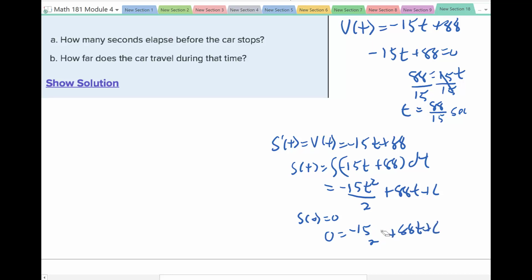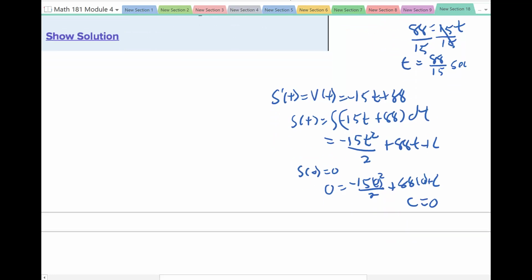And I keep forgetting, I've got to make those t's 0: 15 times 0 squared, 88 times 0, plus c. So c must be 0. Now we're looking at our position function being negative 15 over 2 t squared plus 88t.